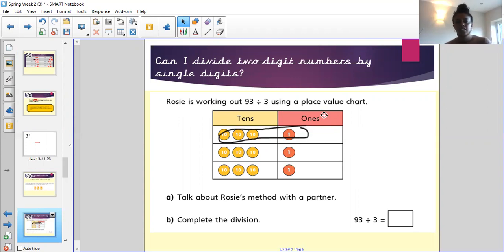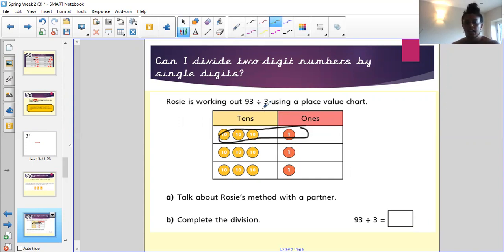So the first thing we've got here, if you notice, is we've got our tens and we've got our ones column, if you can follow my cursor. Now, we have the number 93 and 3. Now we're dividing by 3, so there's 3 rows, 1, 2, and 3. And then what we've done is we've split out the ones from 93 into the 3 rows, 1, 2, 3.